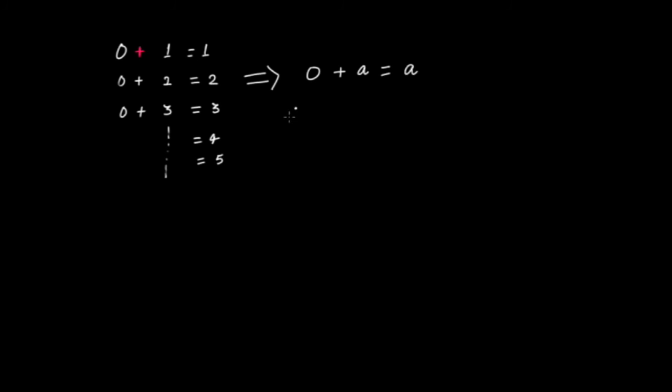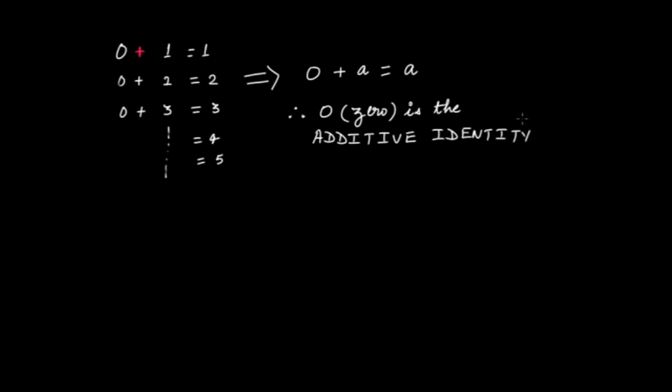And therefore 0 is the additive identity of whole numbers.